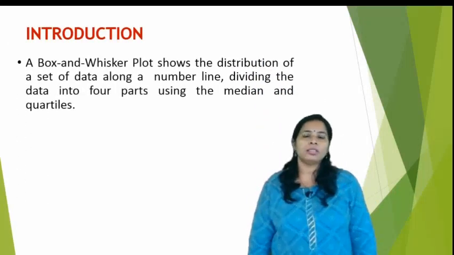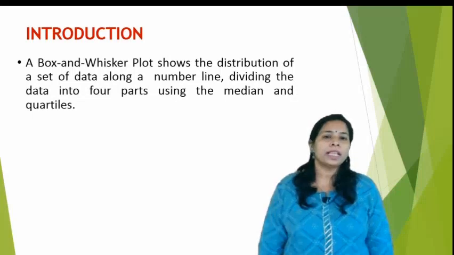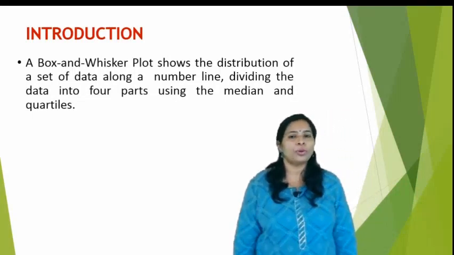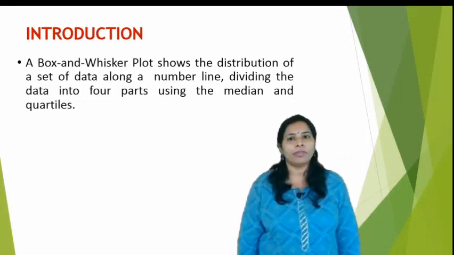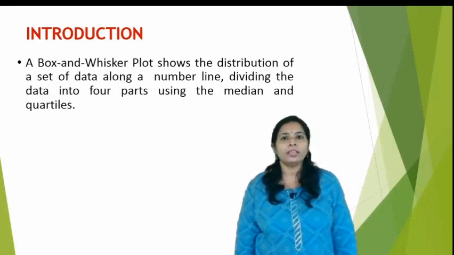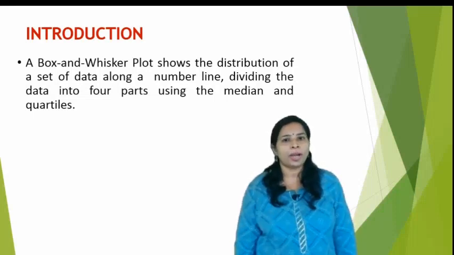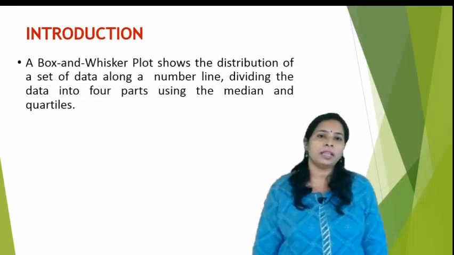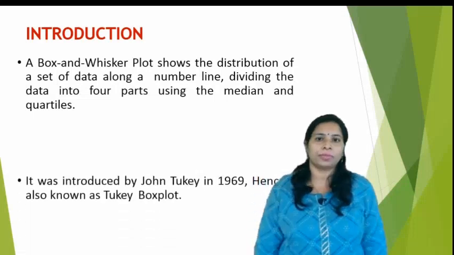First, what is a box plot? Basically, a box and whisker plot shows the distribution of a set of data along a number line. You divide the data into 4 parts using the median and the quartile values.